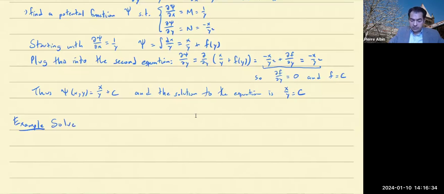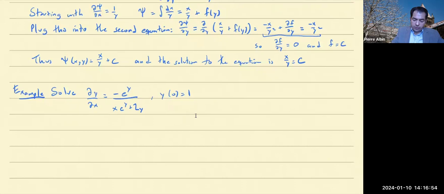Suppose we want to solve dy by dx is equal to minus e to the y over x e to the y plus 2y with initial condition y of 0 equals 1.